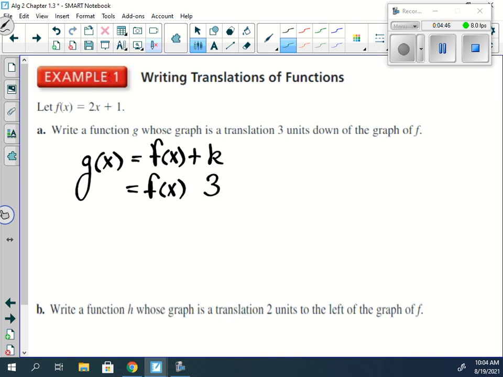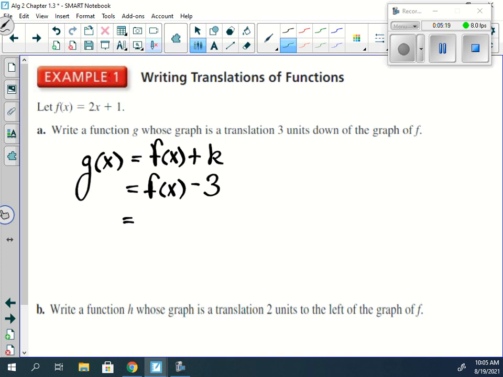So if it's down, it would be minus, because if we're talking about going down, we're talking about a negative direction. Up is always positive, down is always negative. Right is always positive, left is always negative. This will be helpful, especially getting used to seeing how the numbers work together. So down 3 is telling us how we're moving the function.